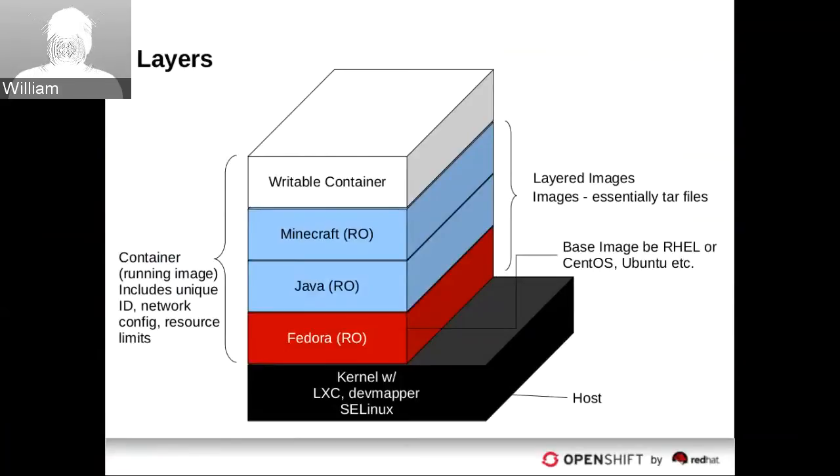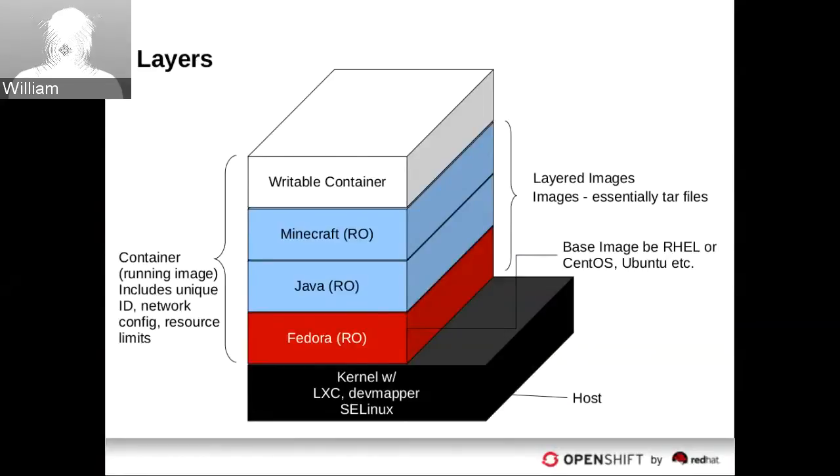There are some subtleties around that we'll get into in a moment. But think of these as a Fedora layer image, a Java layer on top of that, a Minecraft layer on top of that, and then when you run your image as a running container, the top part of the container is the only part that's writable. That way you can edit files, or update your Minecraft image and add plugins or whatever.